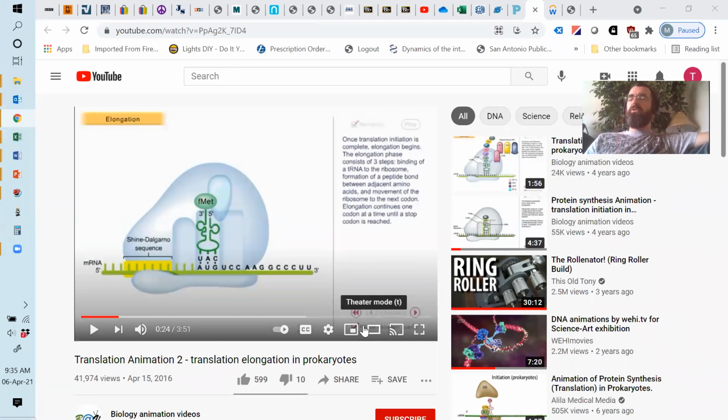I'm not talking about the initiation of translation and stuff like that. We're talking about if we find an amino acid floating around in the cell, how does that get incorporated into that protein? Going to get you to think a little outside the box.